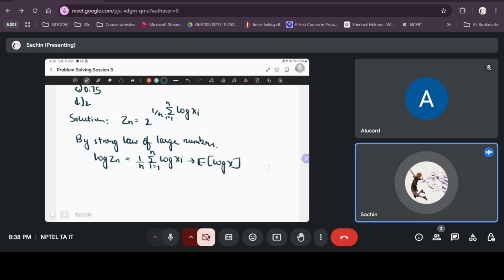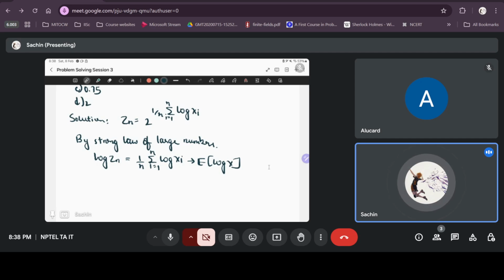So this 1 over n summation log of xi, i equals 1 to n is the sample mean of log of xi. So if you consider log of xi as some other random variable yi, and if you consider there are n such random variables, or if you consider a single experiment distributed according to the distribution of x, repeated n times, you have n samples and you take the sample mean.